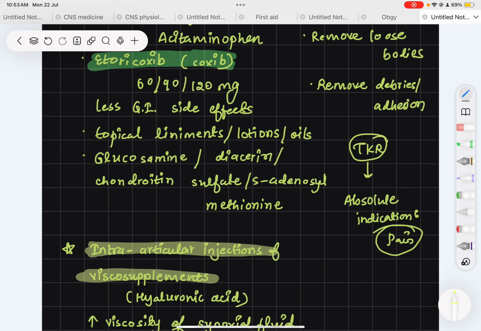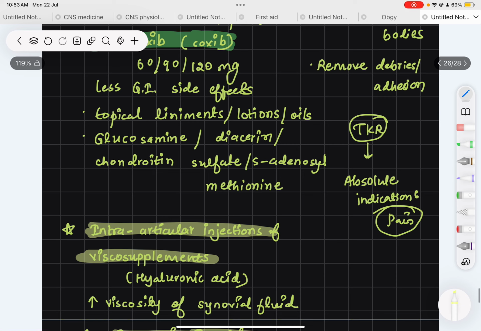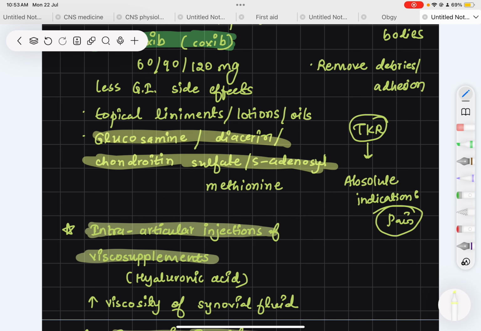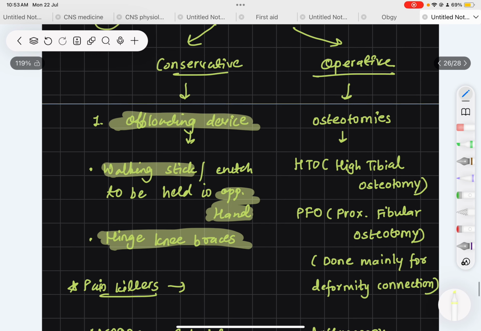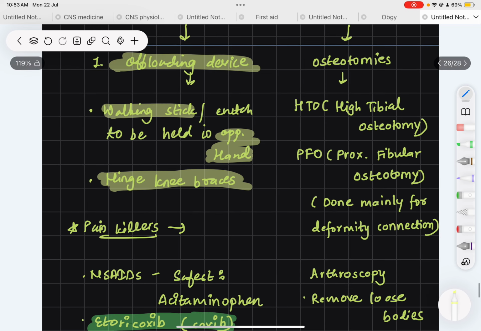We can give some topical management like topical liniments, lotion, and oil. And glucosamine, diacerein, chondroitin sulfate, S-adenosyl methionine, we can give these kinds of medications also. Now the operative one. First what we have done is symptomatic management.